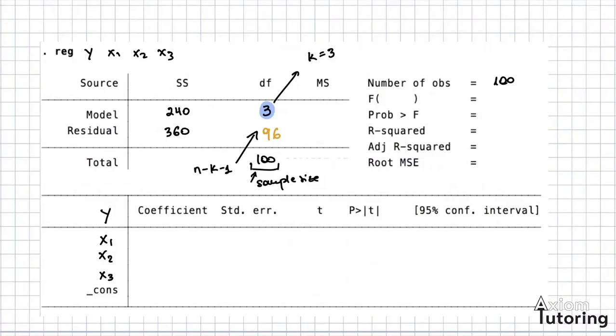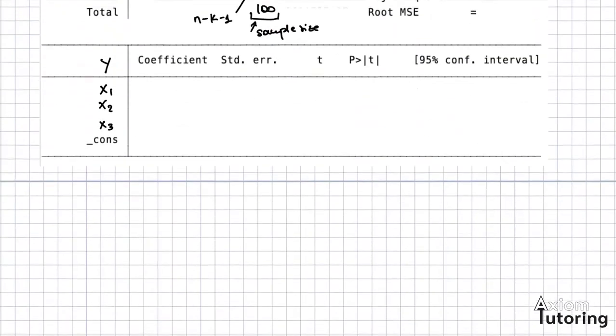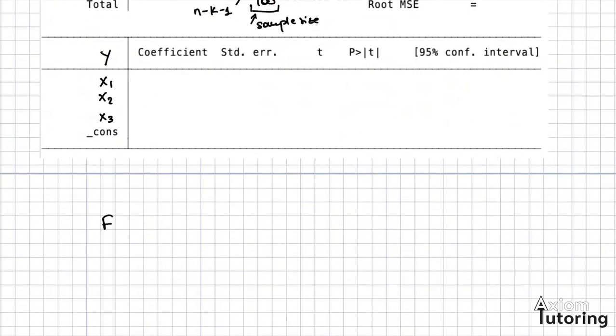Before we compute anything, let me remind you that the sum of squares formula for the F-test is going to be the explained sum of squares divided by k, over the RSS, the residual sum of squares, over n minus k minus 1. So far, it seems that we've got the k, n minus k minus 1, ESS, and RSS.